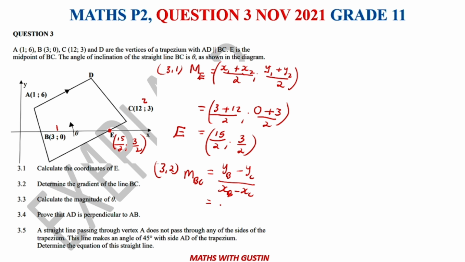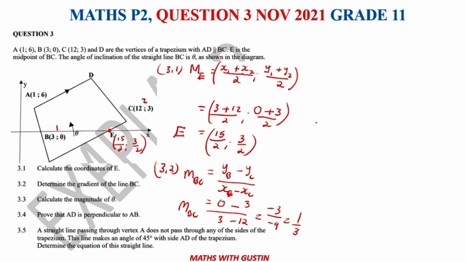The y at B is 0 minus the y at C, which is 3, all over the x at B, which is 3, minus 12. Therefore this gives us a gradient of minus 3 over minus 9, which gives us 1 over 3. Great stuff.